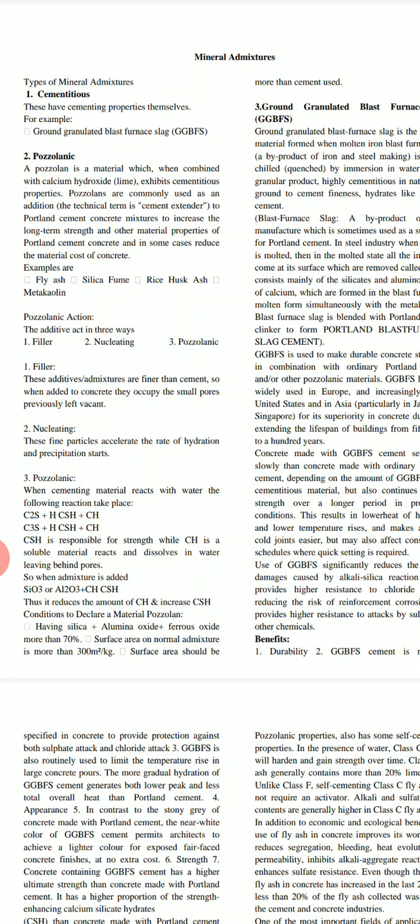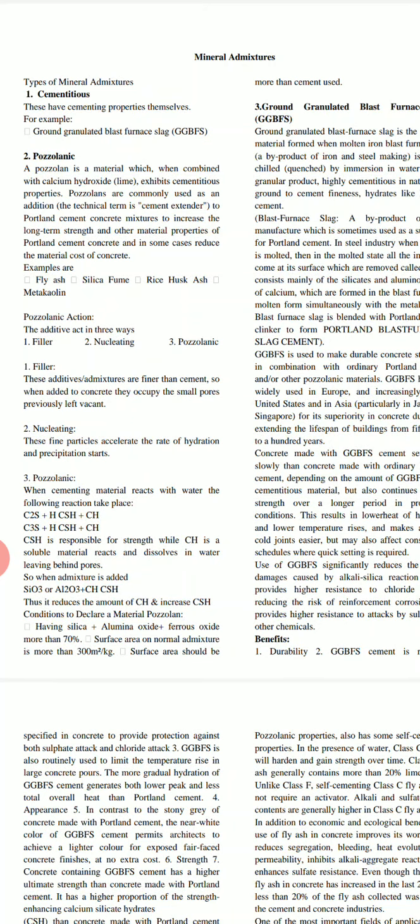Fly ash, silica fume, rice husk ash and metakaolin. So remember, two types of mineral admixtures: one is cementitious and the second is pozzolanic. The cementitious one is GGBS, and the pozzolanic ones are fly ash, silica fume, rice husk ash and metakaolin.